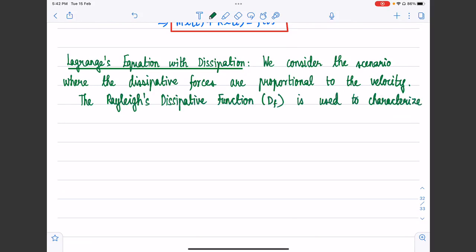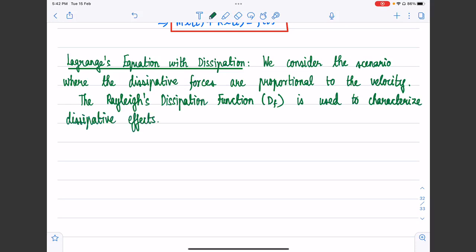This is also like an energy term. Sorry, it's a dissipation function, not a dissipative function. This is like the energy lost due to such dissipative elements which come into the system.